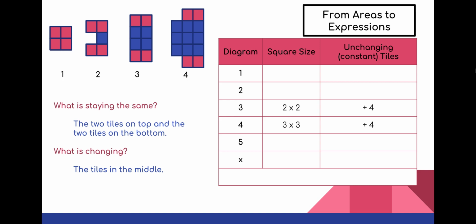At stage 3, we had a 2 by 2 square and 4 constant tiles. At stage 2, we had a 1 by 1 square and 4 extra tiles. And this is where it's very important.